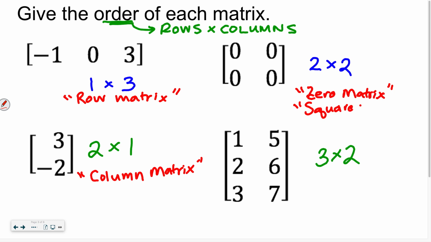Square matrices are really important because some matrix operations, like determinants, can only be done with square matrices. 2 by 2, 3 by 3, 4 by 4, those types of things. 3 by 2 doesn't really have any special names. It's just a regular old 3 by 2 matrix.